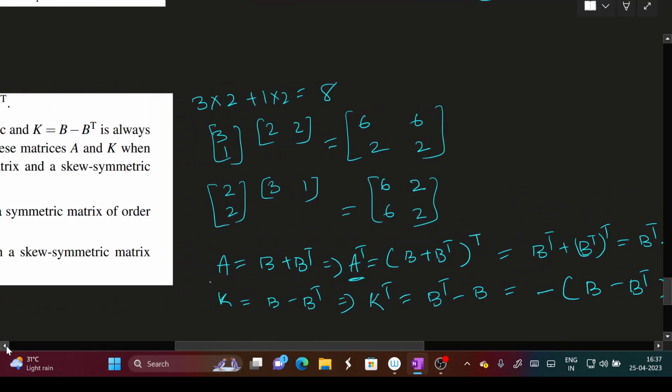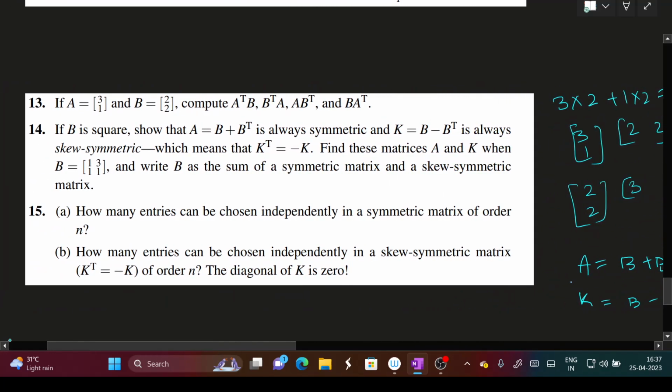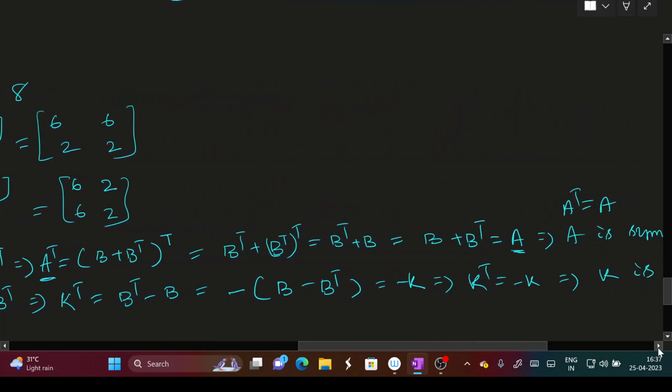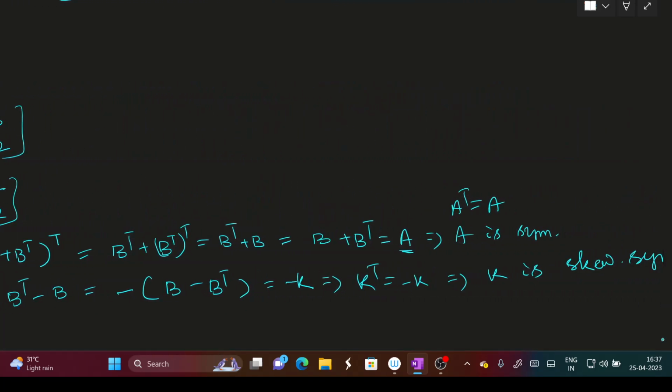Next part of the question is, B is given. Write B as a sum of two matrices, one is symmetric, another is skew symmetric. B is 1 3 1 1. Applying the same formula, we should do it. B is equal to 1 3 1 1. B transpose is equal to 1 3 column wise, 1 1.